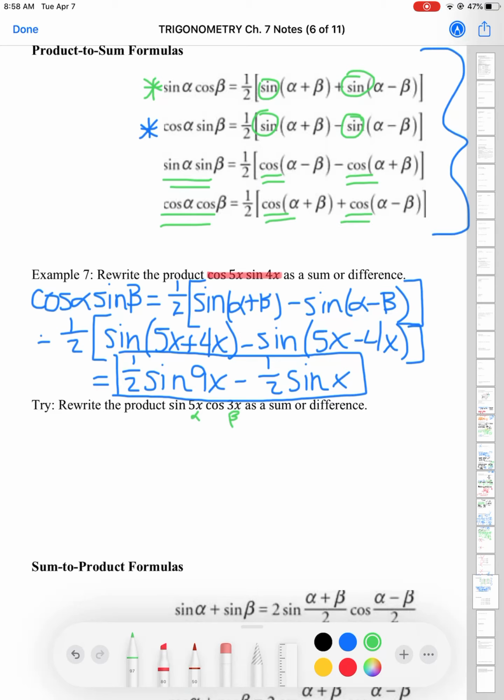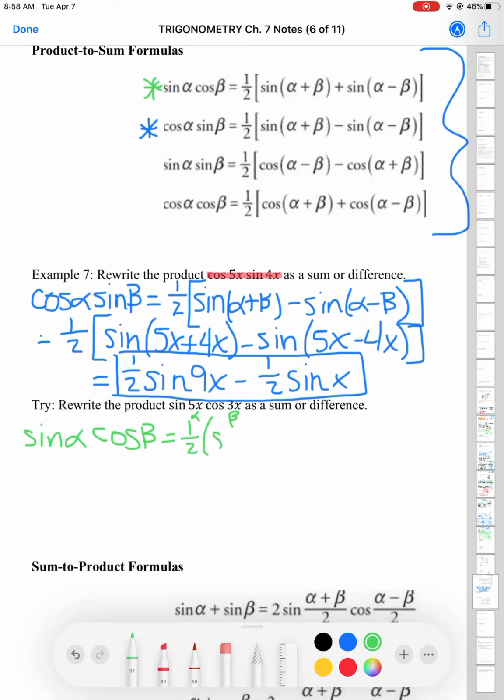So if you did have to memorize these later on for a college class, there are patterns that you can look for. But obviously, we're not going to have to memorize these. So we're using that green asterisk one. So sine alpha cosine beta equals 1/2 times sine alpha plus beta plus sine alpha minus beta.